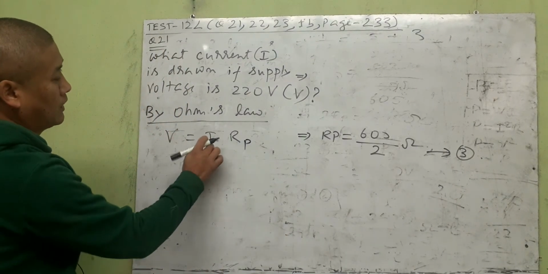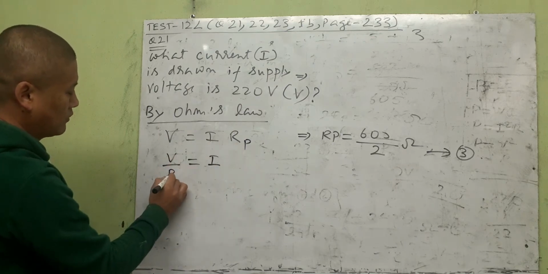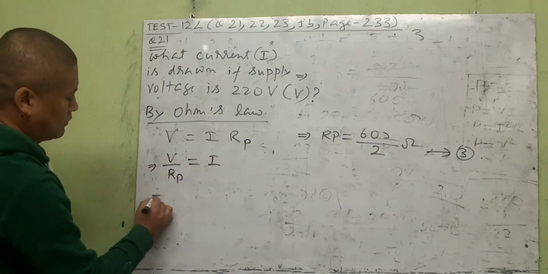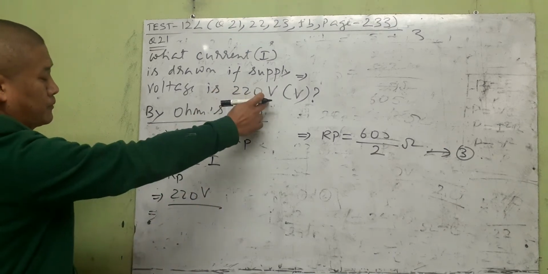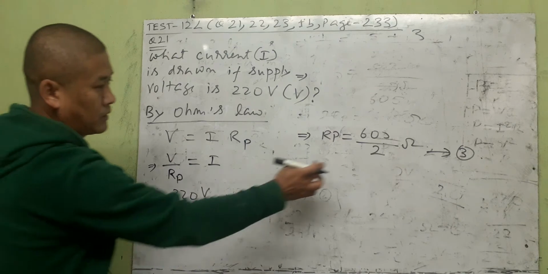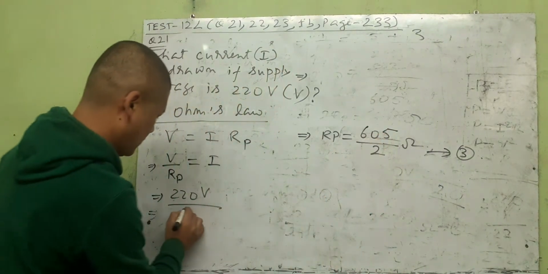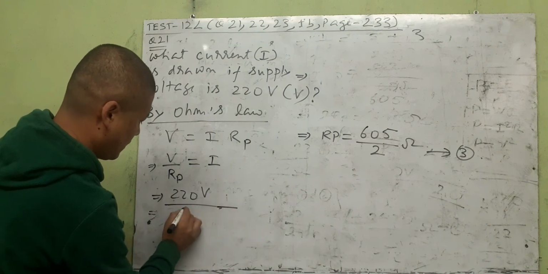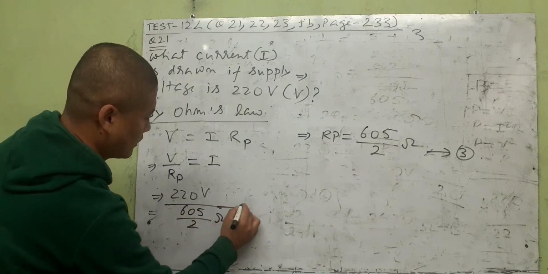So we have to find I. So just put I, V divided by Rp will come to the denominator. So V is 220 volt, as we can clearly see here. Rp value is here 605, longer line, 605 divided by 2 ohms is equal to I.